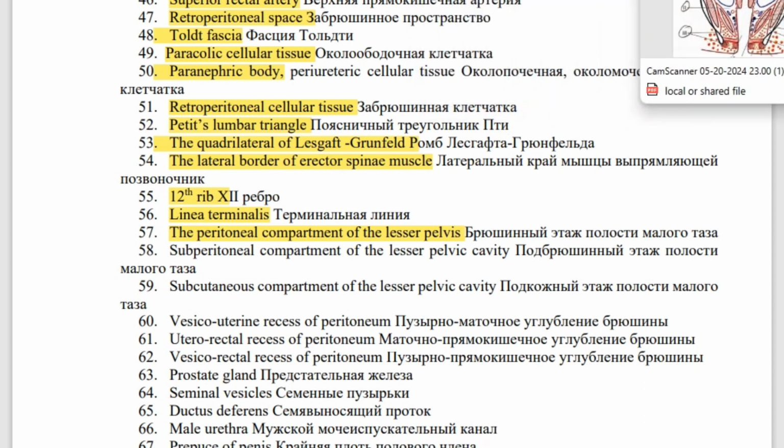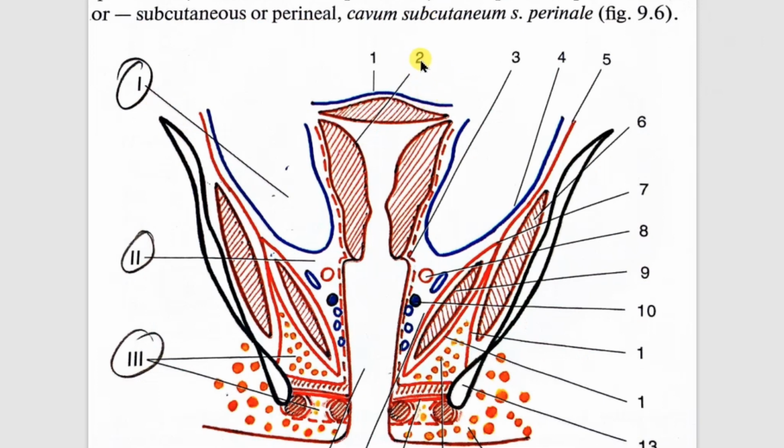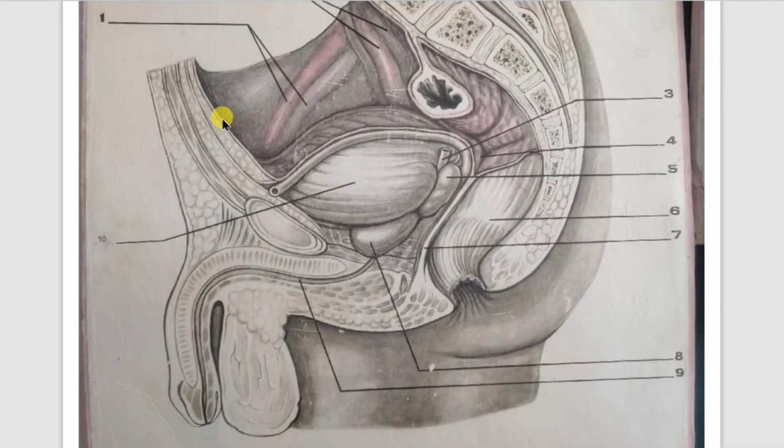So let's see the drawing first, then we will move on to the poster. Here you can see the peritoneal compartment of the lesser pelvis or lesser pelvic cavity. So this is the general look. Let's go to the poster one. Okay, this is the peritoneum, the visceral peritoneum, and you can see this one. This is the peritoneal compartment of the lesser pelvic cavity.